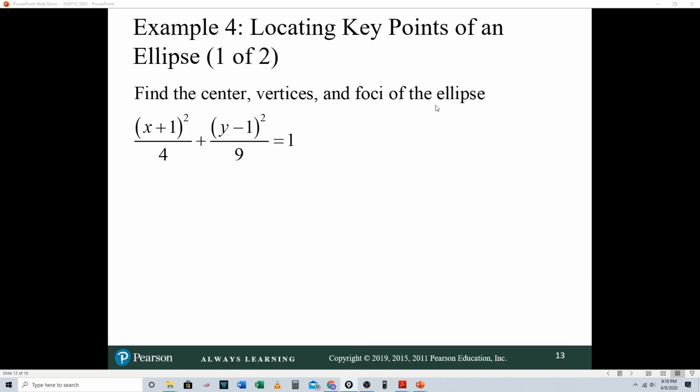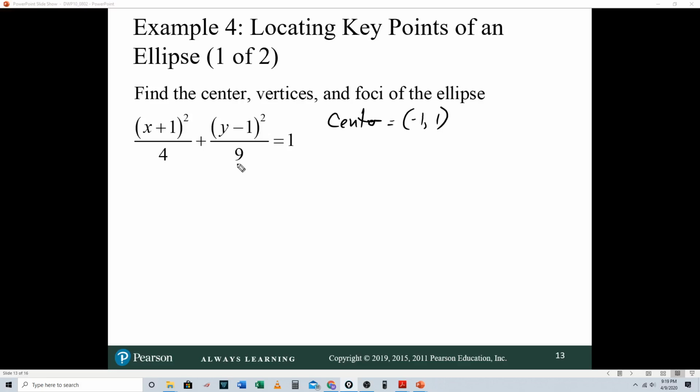So let's see here. Find the center, vertices, and foci of the ellipse. Now the center is easy. They give you the center right here. You just change the sign, so the center is (-1, 1). Now the major axis is going to be in y, so that's where the vertices are going to be.